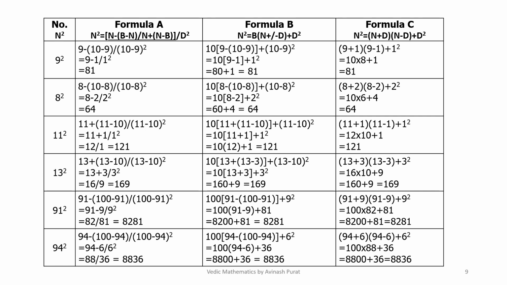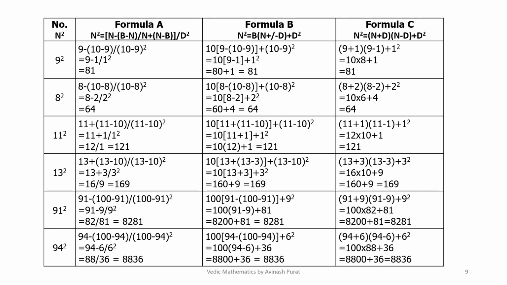Second formula: 10 multiplied by (11 plus (11 minus 10)) plus (11 minus 10) squared equals 10 multiplied by (11 plus 1) plus 1 squared, that is 10 multiplied by 12 plus 1 equals 121. Third formula gives (11 plus 1) multiplied by (11 minus 1) plus 1 squared equals 12 into 10 plus 1, that is 121.